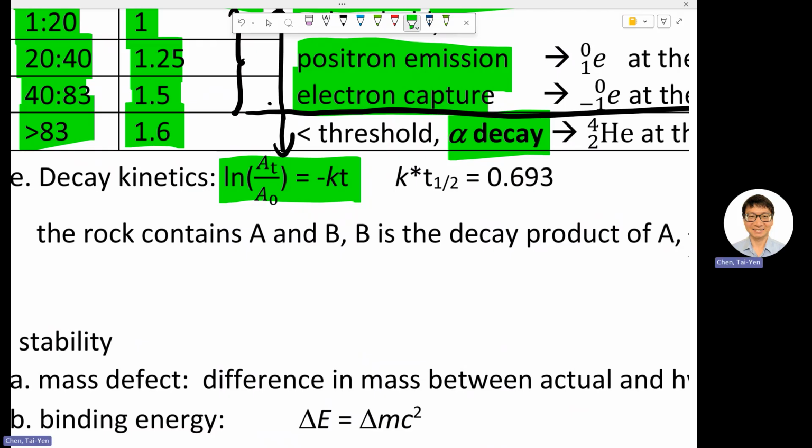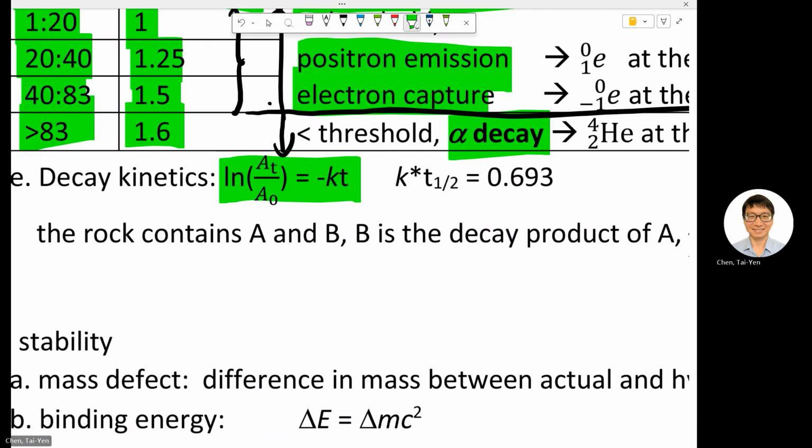Which one is my A0? Uranium is your A0. So every time you see species A undergo a decay to produce species B, the A0 is the substance A. You have to translate the language into things you can use in your equation.